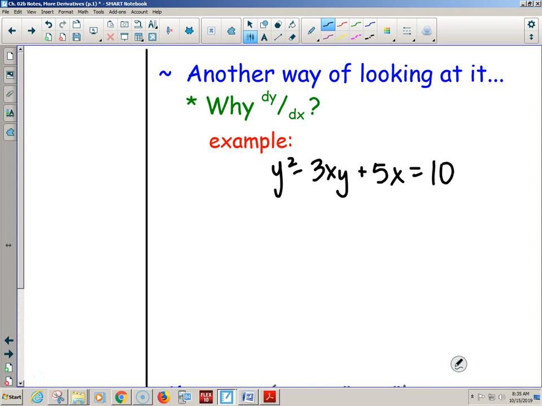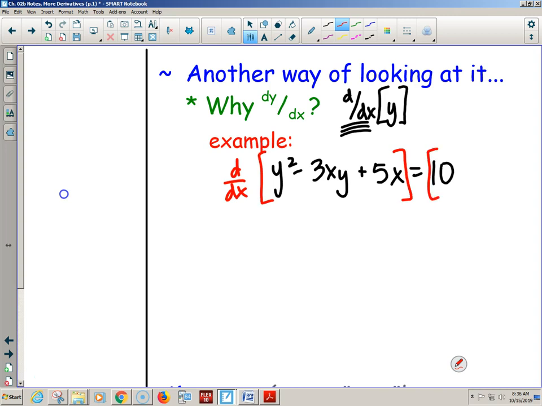So, the other way of looking at it is dy dx is the same thing as d dx of y, which we can technically do even if y is not by itself. We just need to take a derivative of what, you may say? Of everything.